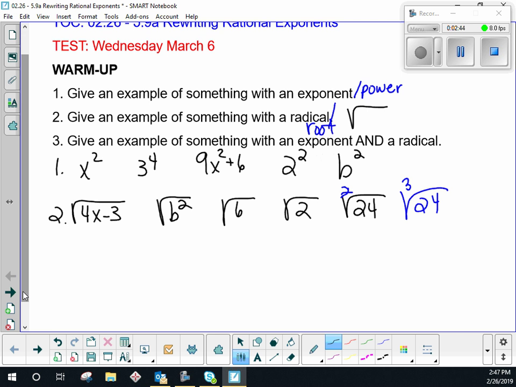And then for the last one, I asked you to combine these things, and it's the main idea behind our lesson for today: when roots and radicals, or powers and roots, are combined. So here's one. The square root of 24 cubed. That's a really good one. That's something like we're going to talk about today.